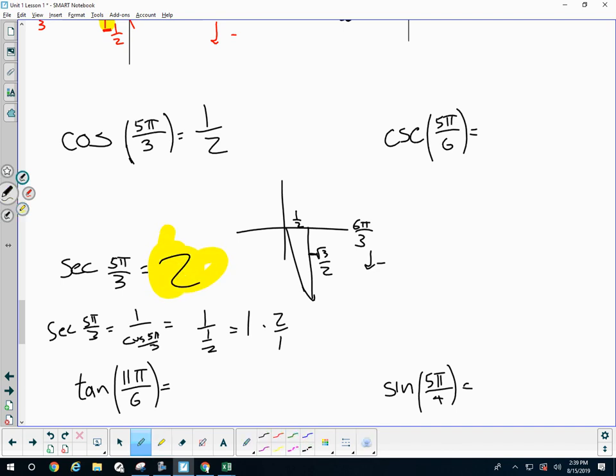All right, before we do cosecant of 5 pi over 6, find the sine of 5 pi over 6. Locate the angle measurement. Create the triangle. Understand the longer, shorter sides, the horizontal, the vertical side lengths.